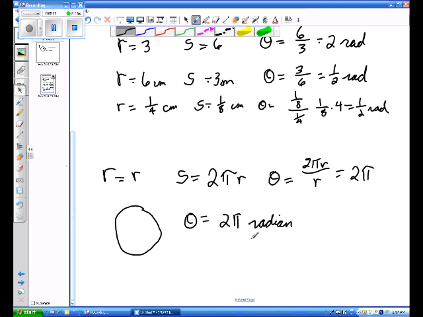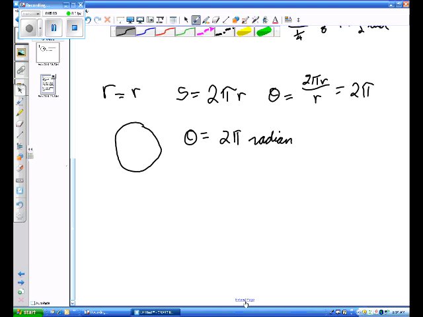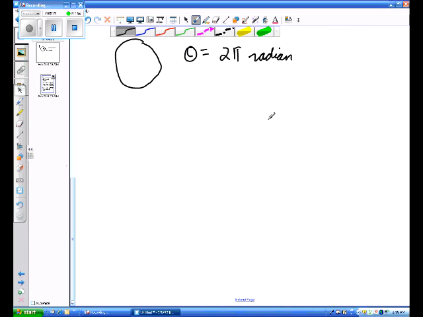Now, let's look at some comparisons of our degrees and radians, because a lot of times you're given problems in degrees, but if you're going to do computations, then you have to change those to radians. So we know that 1 rotation is 360 degrees, and we just found that 1 rotation is also 2 pi radians.